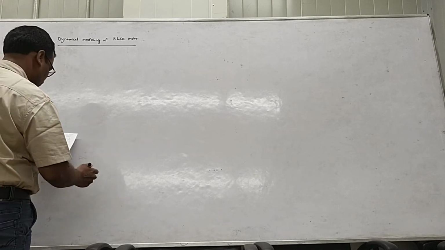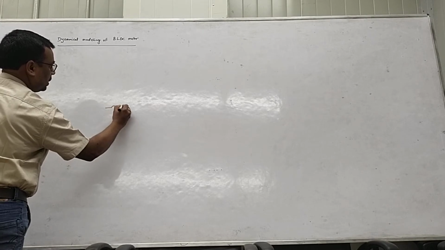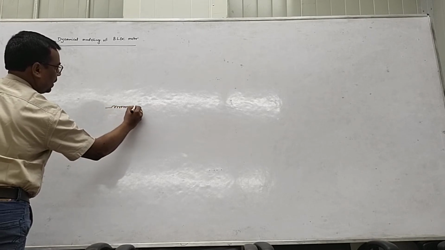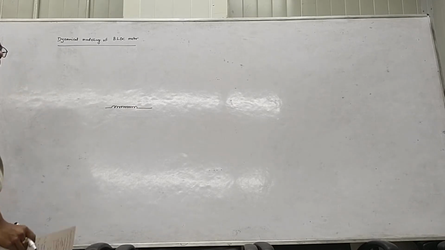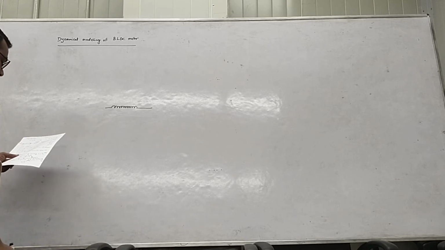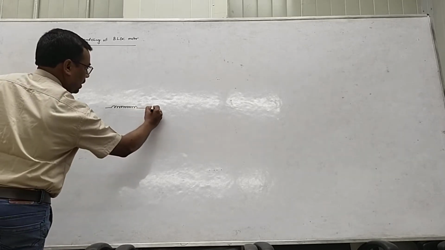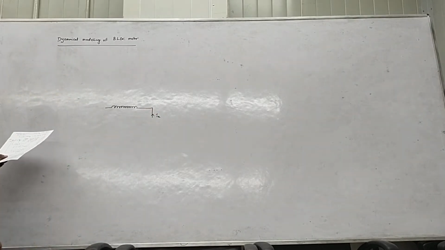Let us consider here, assume this is one phase, and the stator winding is a distributed winding, a concentric distributed winding. Let us assume this winding is the phase A winding, and the current entering this winding is IA.